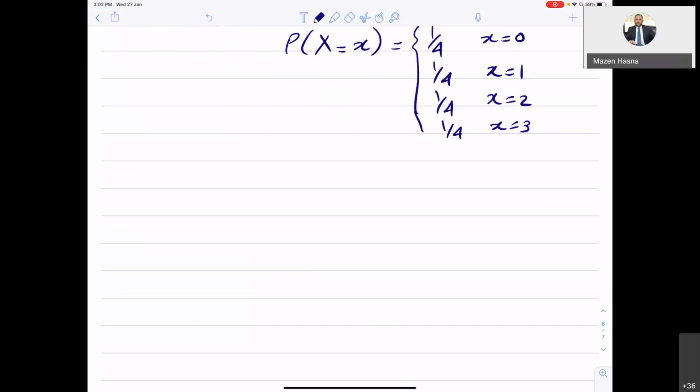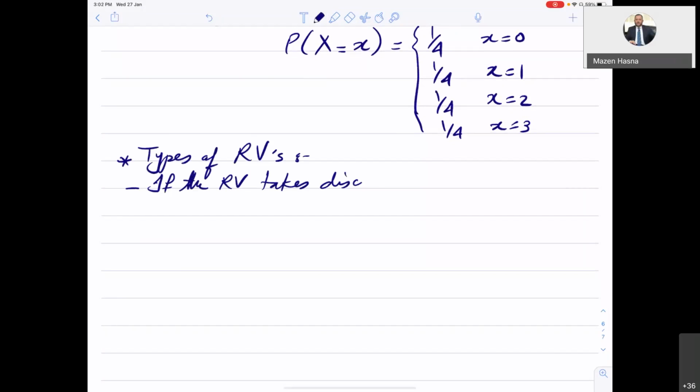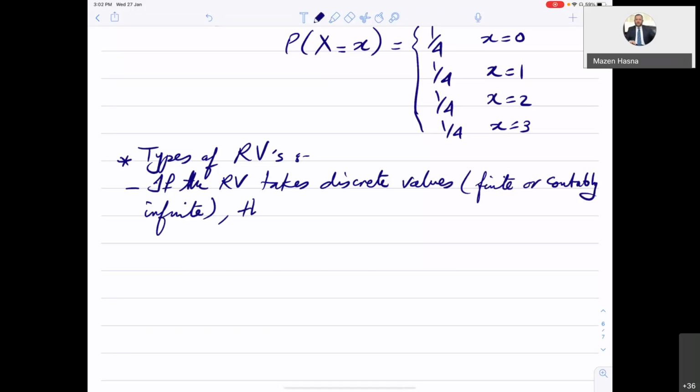We also talk about types of random variables. If the random variable takes discrete values, can be finite, or countably infinite, then it is a discrete random variable.